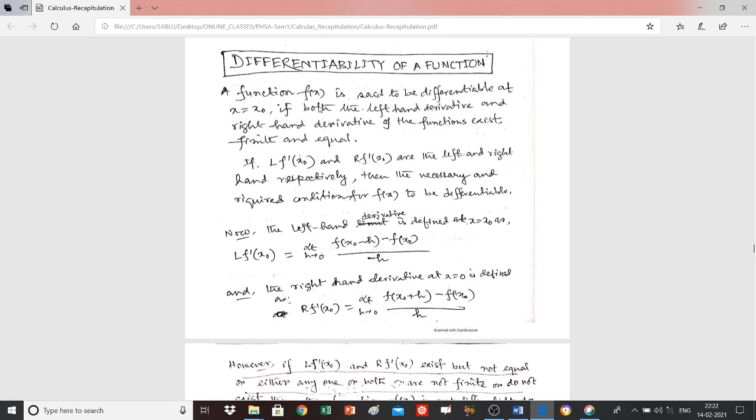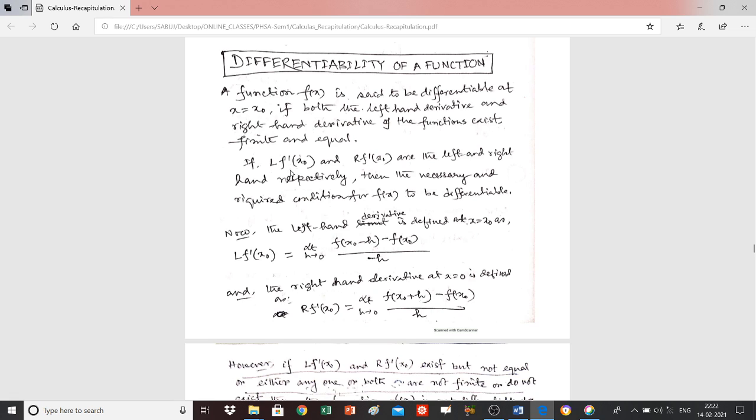So what are the left hand derivative and the right hand derivative? I will discuss it here. So don't worry with this. The required, essential or necessary condition of a function to be differentiable is that for a certain point, that is x equal to x0, the left hand derivative and the right hand derivative should exist, and they have finite values, and they should also be equal.